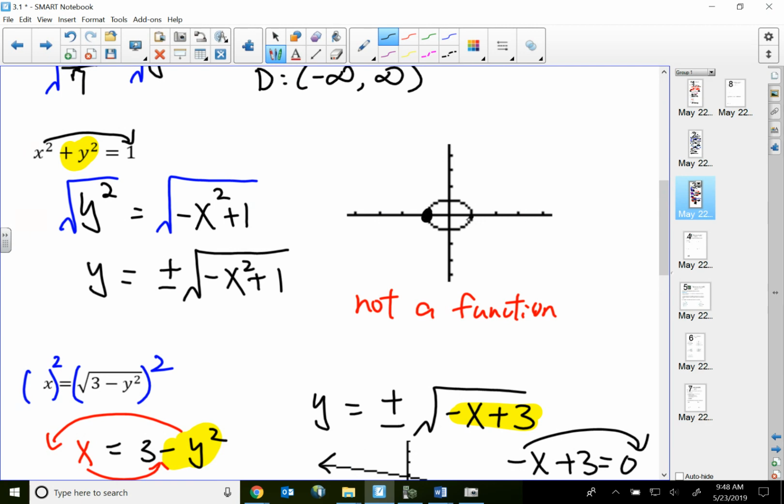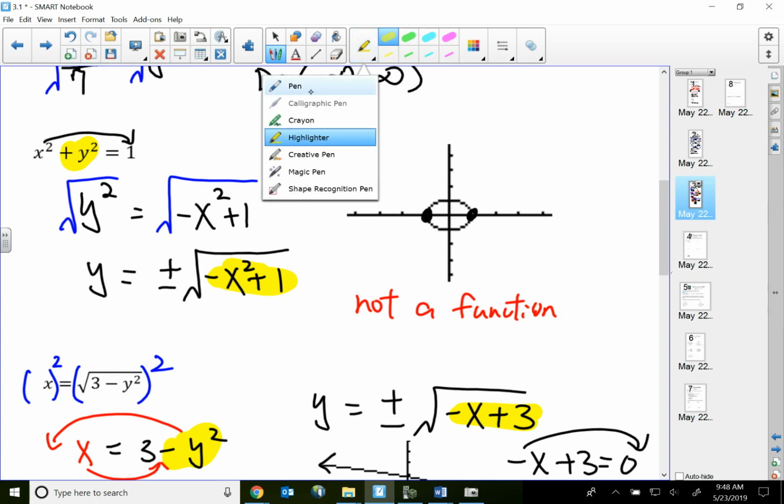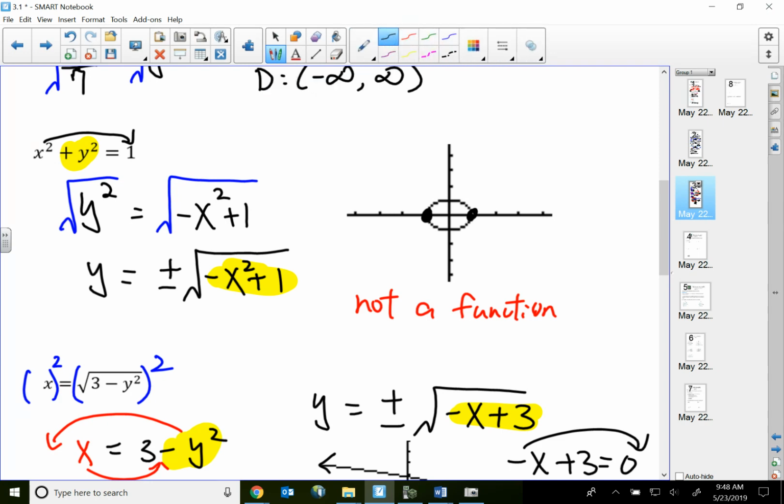Now for this circle graph, it looks like the circle graph is only from -1 to 1. How do I know that? Well, I entered two different radical functions put together as a circle graph. So if I set what's inside the radical equal to 0, 1 minus x square equal to 0, and solve for x, it tells me negative x comes over, becomes positive x squared equal to 1.